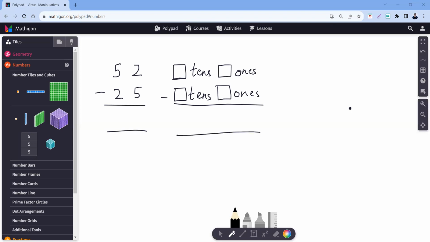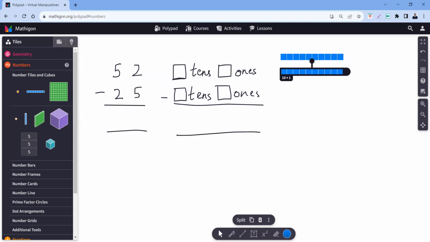For that, we are going to take the help of rods and blocks. 52 means how many tens and how many ones it has. So this is a 10. The 50 means this is a 10 here.